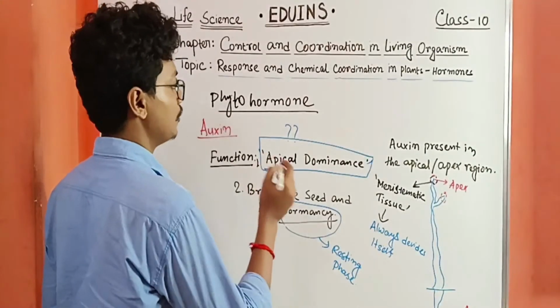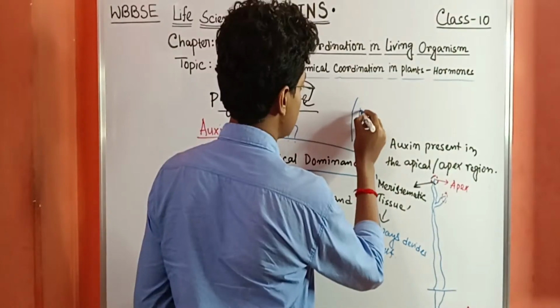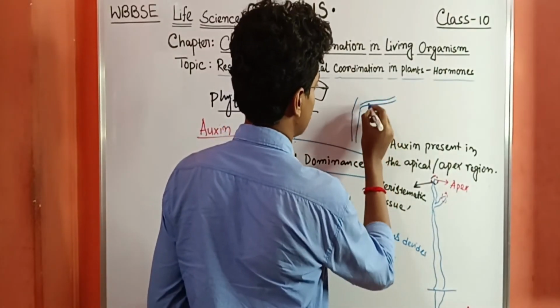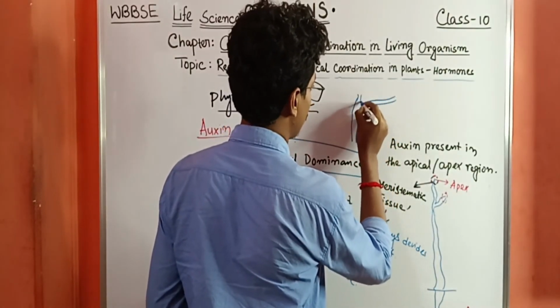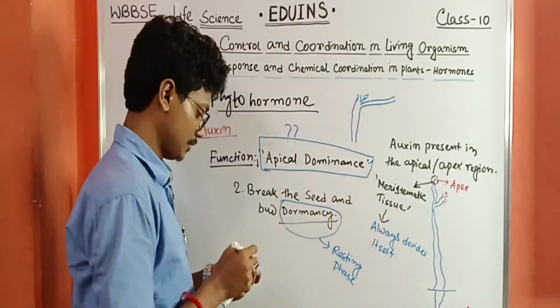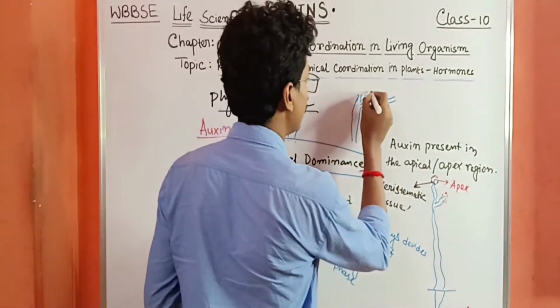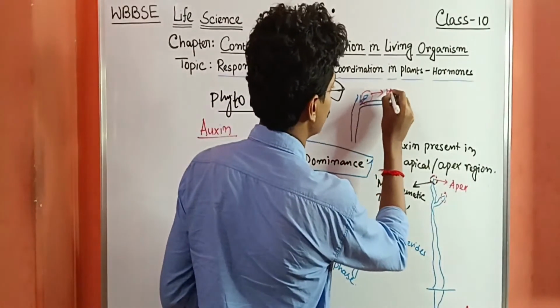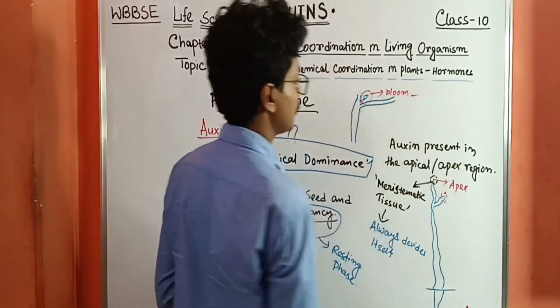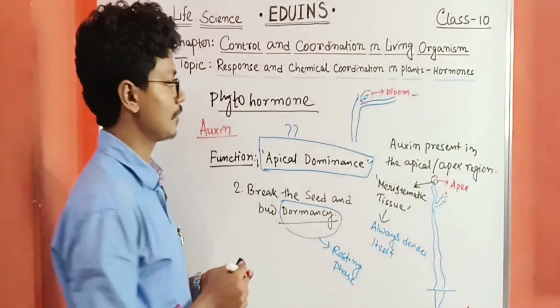Also the bud, like this is a branch and here is a bud for a leaf or your flower. Auxin will help this flower to bloom, or this leaf to bloom.